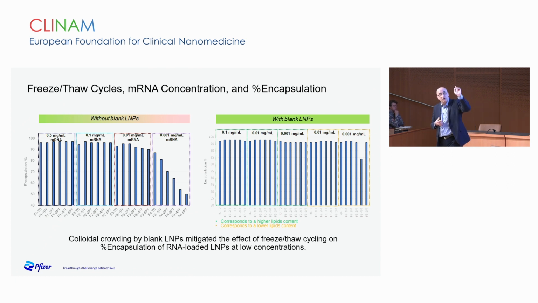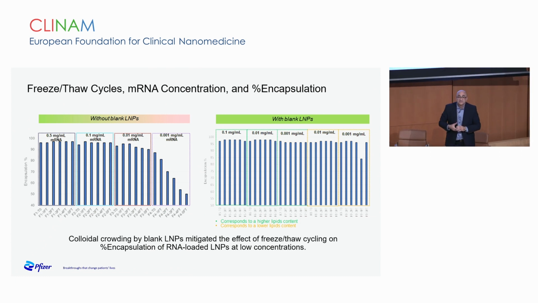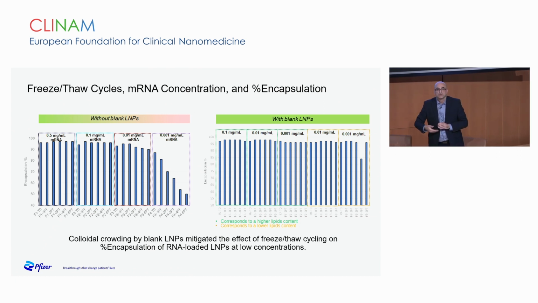Now, going to the other side, we have a similar situation except that instead of just diluting with the medium itself, we are diluting with an equivalent number of LNPs that would have been a 0.5 or 0.1 in 2 different media.